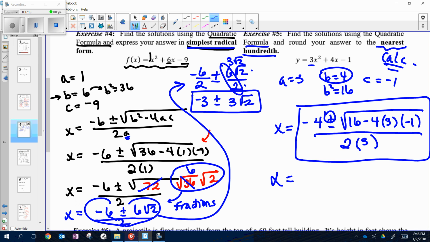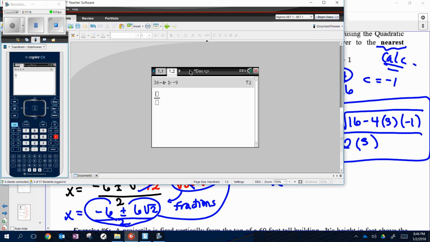Negative 4 plus the square root of 16 minus 4 times 3 times negative 1. And on the bottom of the fraction, in that box, is a 2 times 3. I'm just going to put a 6.